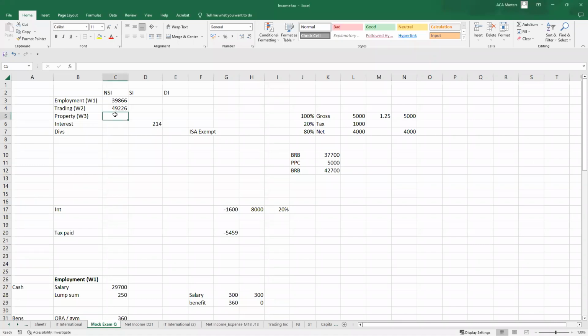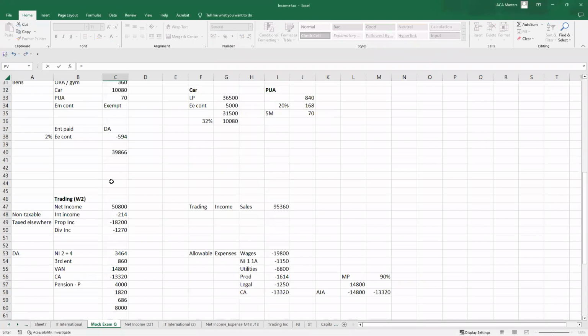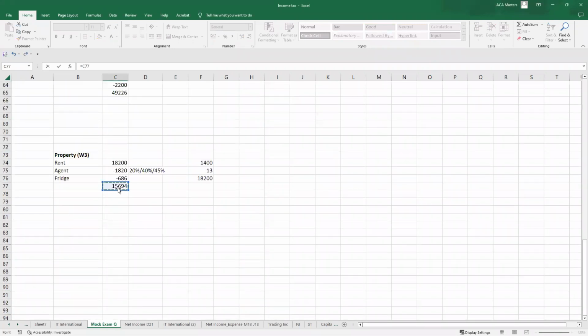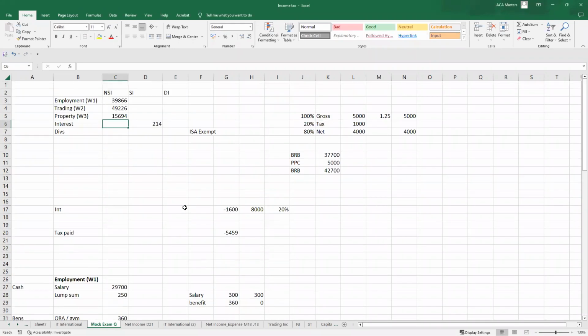So we then have the property income, which we calculated, of course, not including the interest expense, which is a tax reducer. So then we can see the total income for the year. The dividends, of course, were exempt, and we've got 105,000 there for the total income.